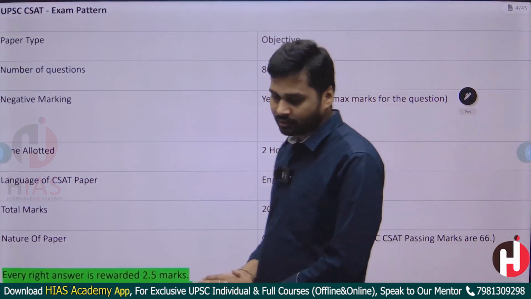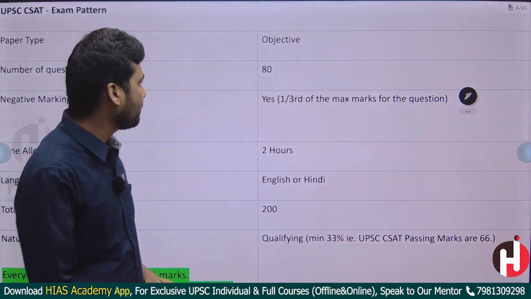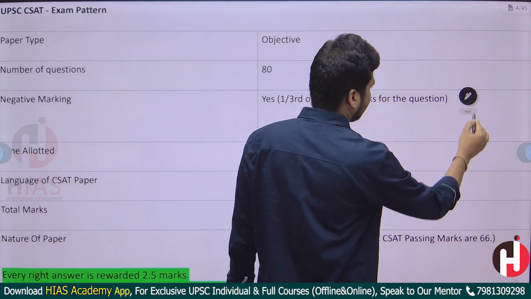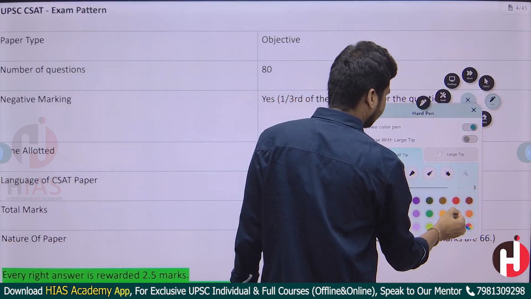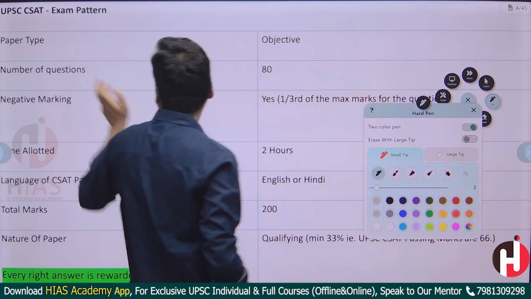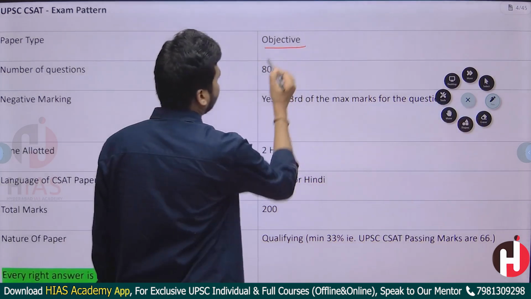Next, the important things. How many questions do you have? If you look at the pattern of the CSAT, that is GS paper 2, the paper type is objective.